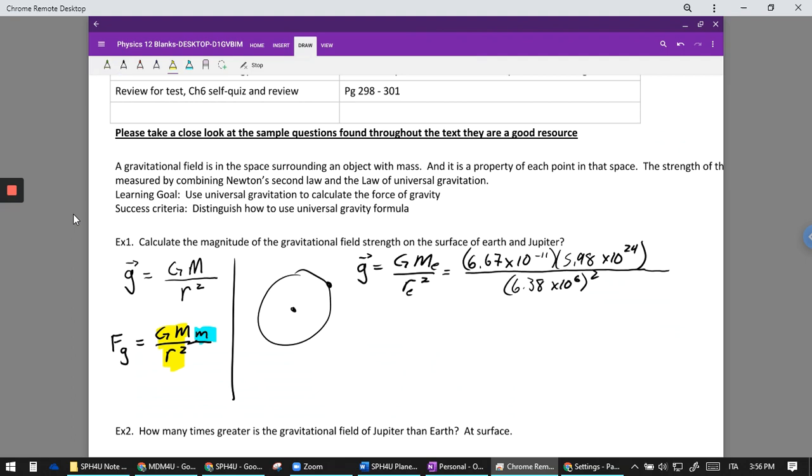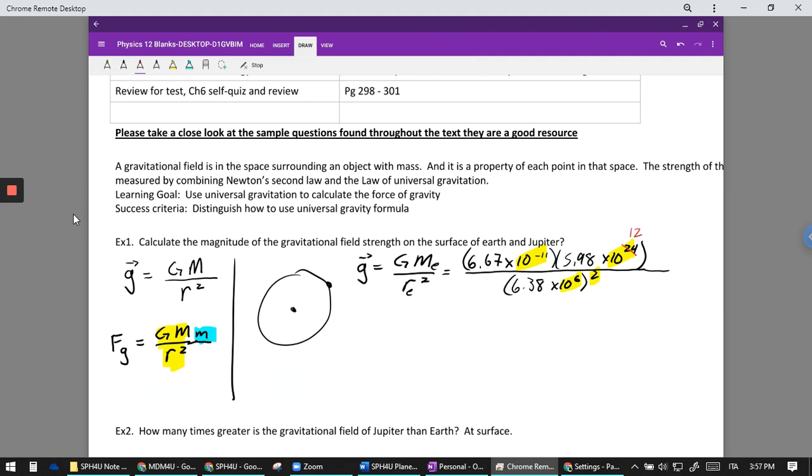Now, when I multiply these through, I kind of, in my head, deal with these first. So times 10 to the 6th squared is times 10 to the 12th. And times 10 to the 12th on the bottom cancels several of these on the top. And so this 24 minus 12 is going to be 12, and then I've got another negative 11 here.